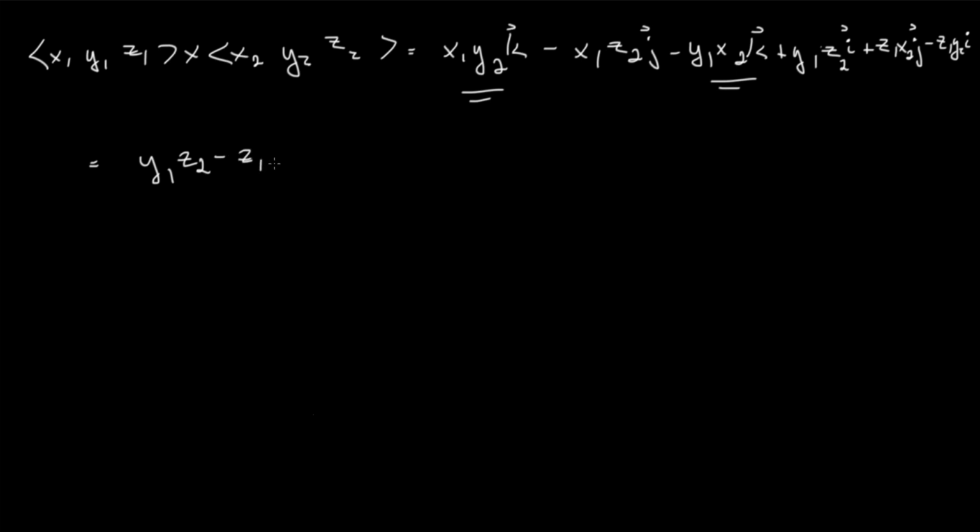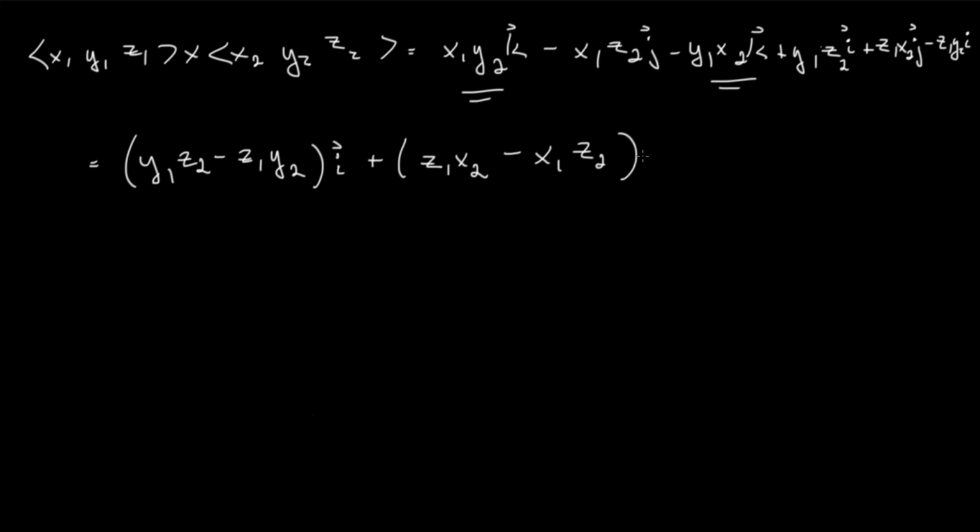All right, that is my i vectors here in the cross product of these two vectors. All right, then I have a plus where are my j's. My j's are right here, z1 x2. And my other j's right here, minus x1 z2.